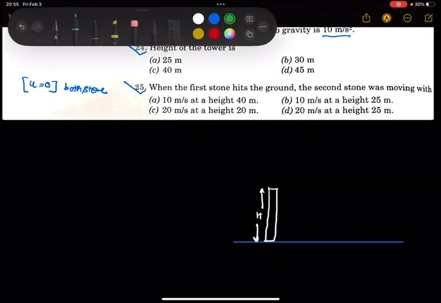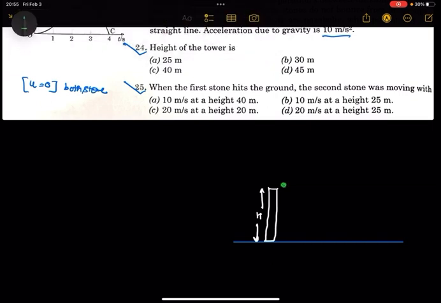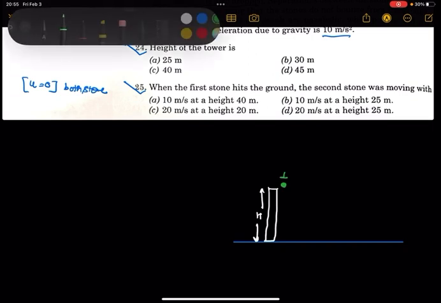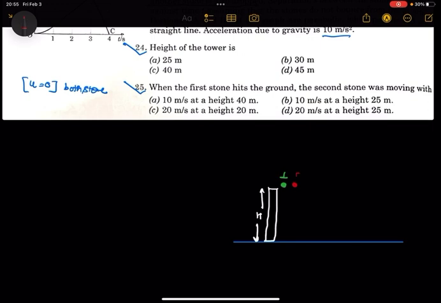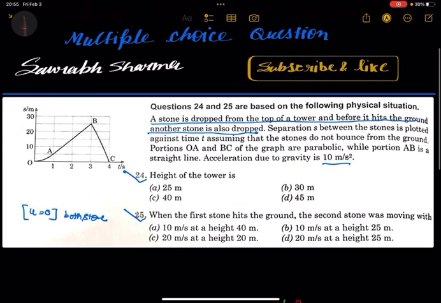Let's assume one is this stone drop, this is stone number 1, and another stone I want to draw with a different color for better clarification.